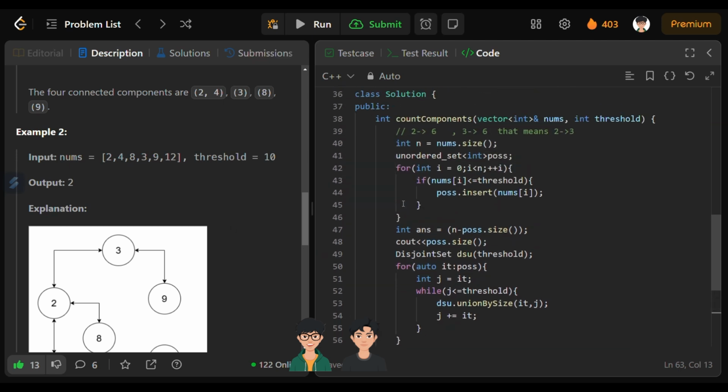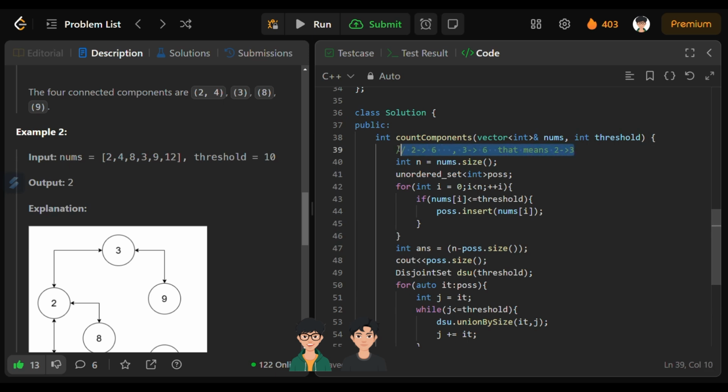The main concept was that you have to connect all the multiples of a number with it, and also the common multiples, the LCM. In this there will be many multiples also connected, like for the 2 and 3 case, 2 will be connected to 12 also, and 3 will also be connected to 12, but 12 is not the LCM.